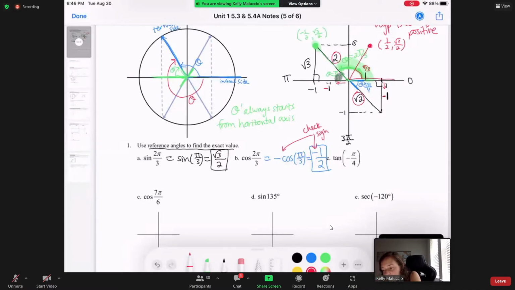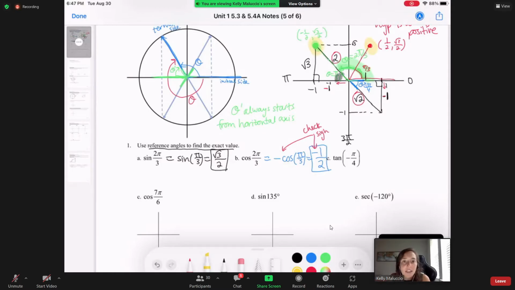It's the same as this point here. This point and this point are the same, but what's different is that the x is negative and the y is positive. Or both y's are positive, right?